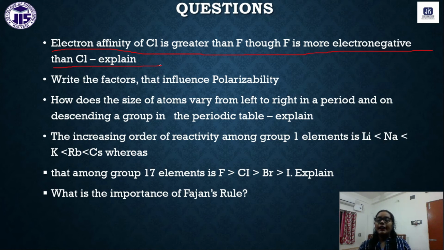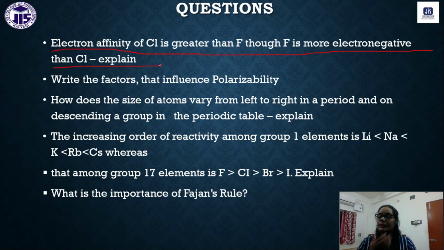Okay, so electron affinity is defined as the energy released from an element in its stable gaseous state for the addition of an electron in an outer orbital. So this is called electron affinity.